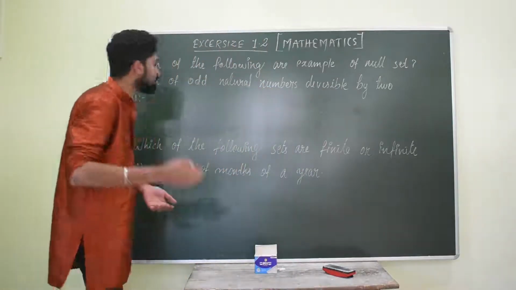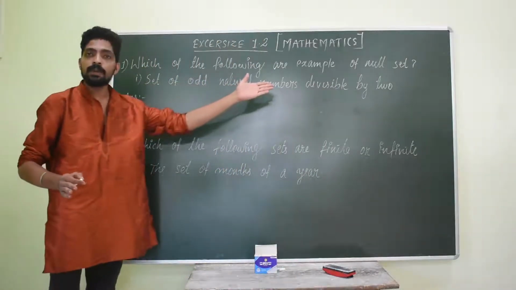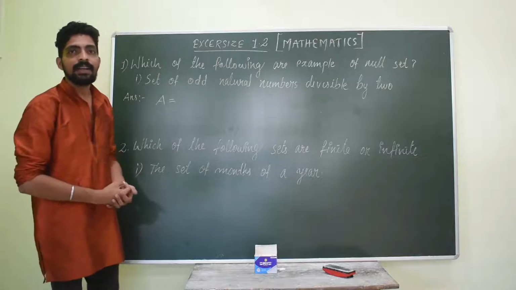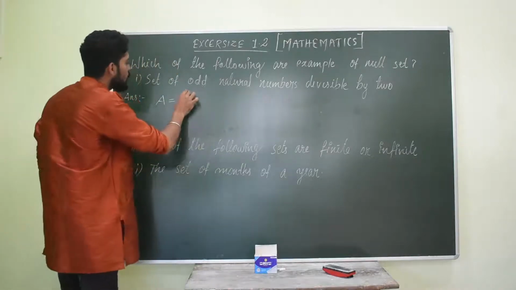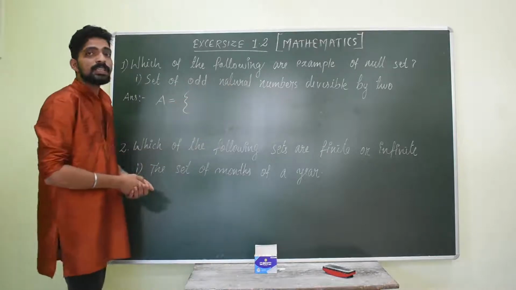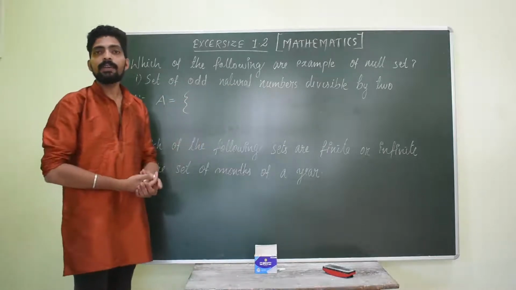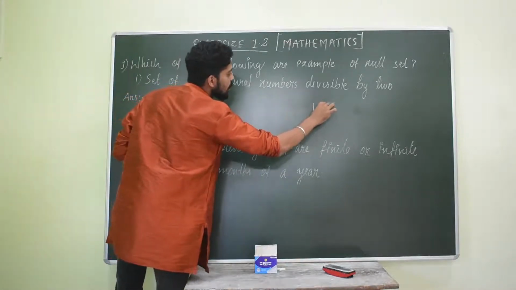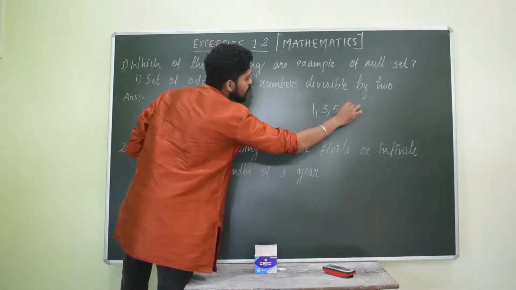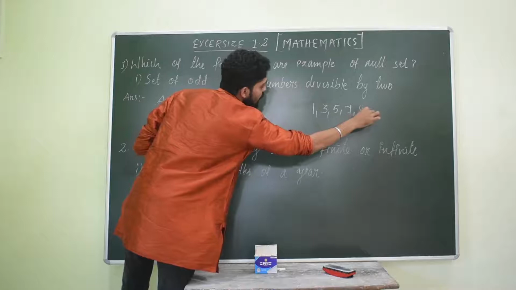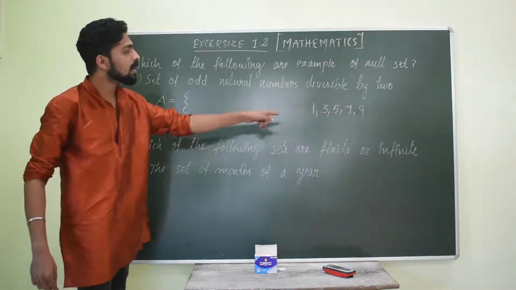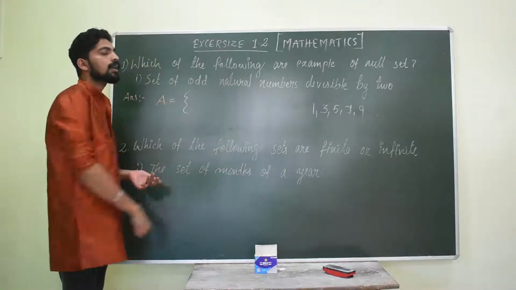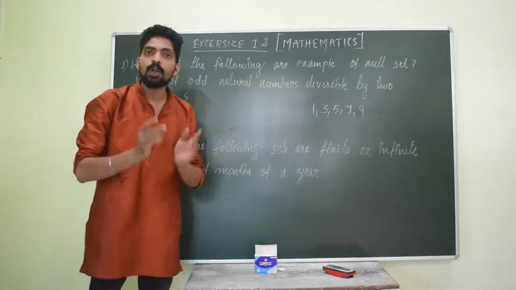For the first one, the set of odd natural numbers divisible by 2, we can say the set is equal to A. Odd natural numbers means 1, 3, 5, 7, 9, etc. These numbers cannot be divisible by 2.